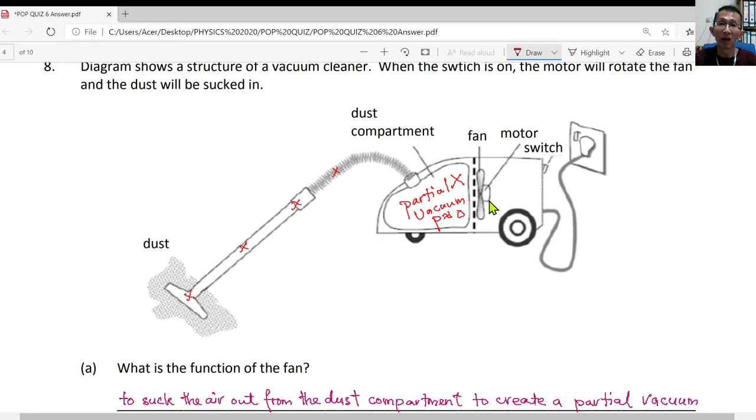Because the fan sucks the air out, not only from this dust compartment, but also in the hose here, being sucked out the air by the fan. So I have partial vacuum from the nozzle until my dust compartment. Okay, follow? Alright.